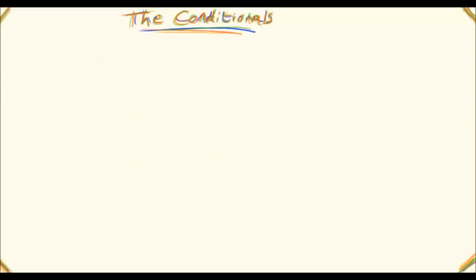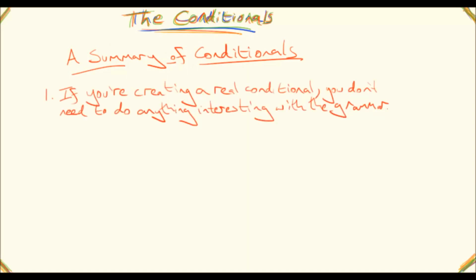Okay, now you've got all of that conditional information in your minds. Let's just take this quick opportunity to have a brief summary of what we've looked at so far. Just like we did in lesson one, let's try and boil things down to their essence. So we're looking at a summary of the conditionals, and the first thing we're going to mention is if you're creating a real conditional, you don't need to do anything interesting with the grammar.